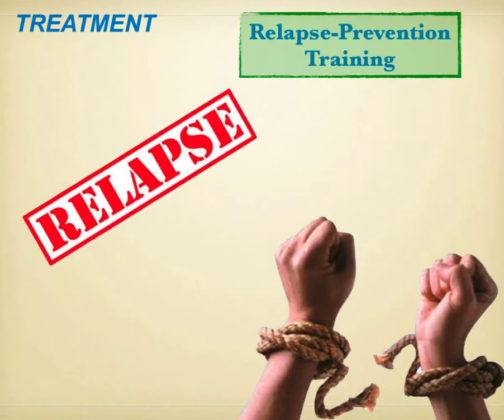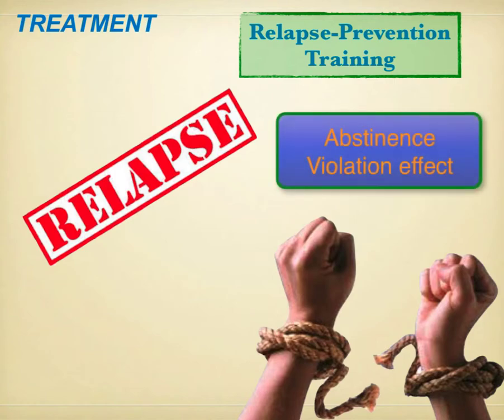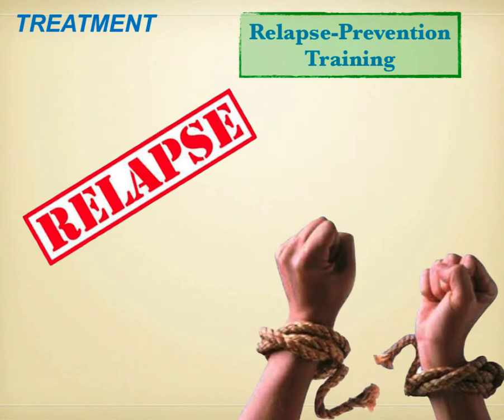One of the risks associated with relapses is the abstinence violation effect. This is the tendency for someone going through relapse prevention and treatment for abuse to fall back into a lapse and then overreact to it.